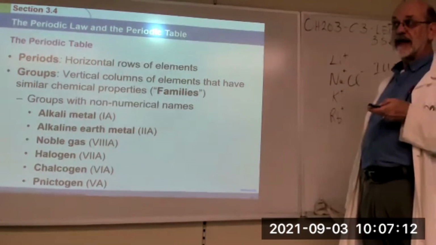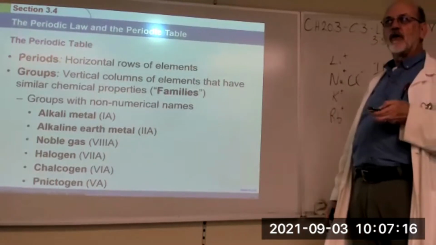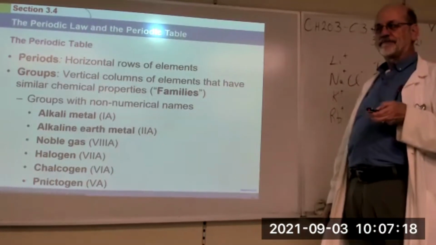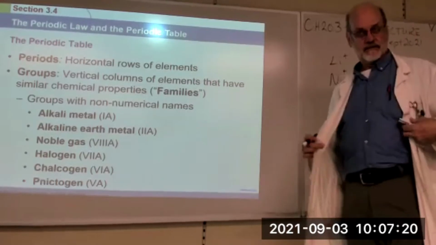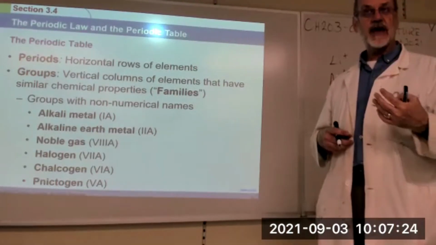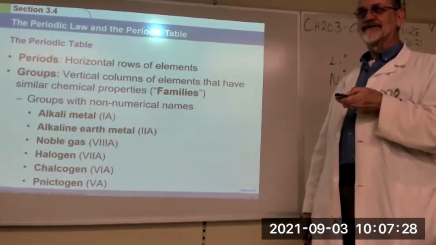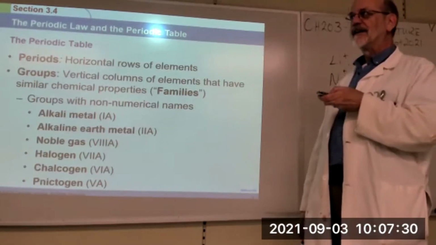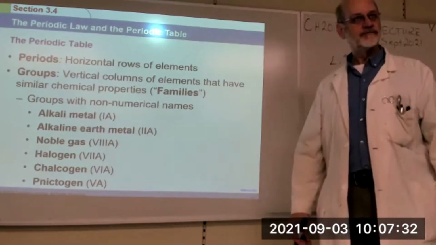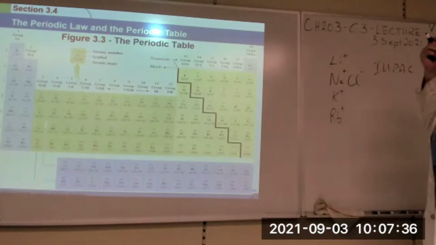In fact, this one doesn't even have an A. That's because the Octet Rule doesn't hold for transition elements. And that will become obvious when we start talking about electronic structure of atoms. Why these don't follow the Octet Rule, while these do follow the Octet Rule. All right, we'll come back to that later.